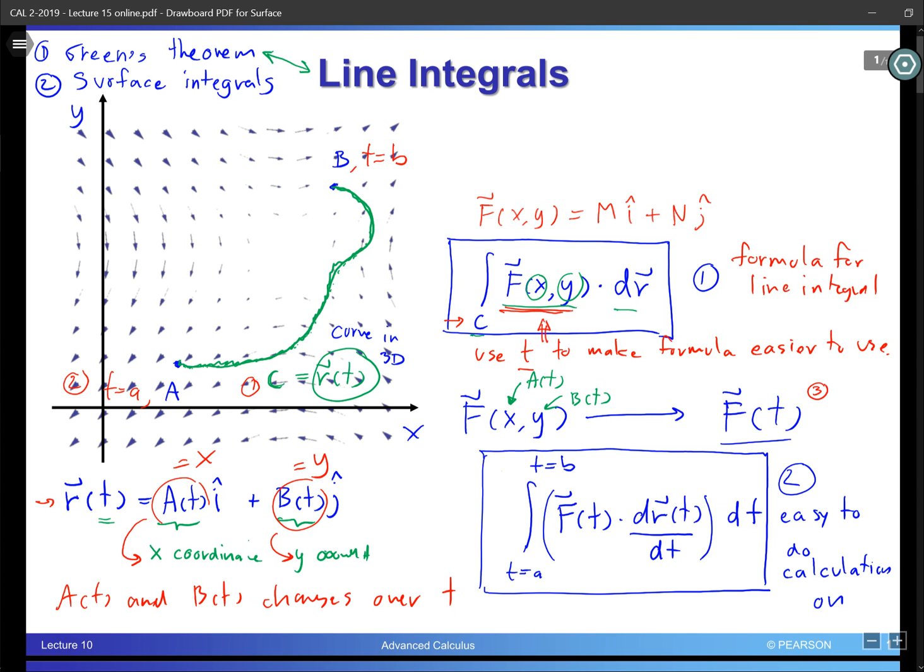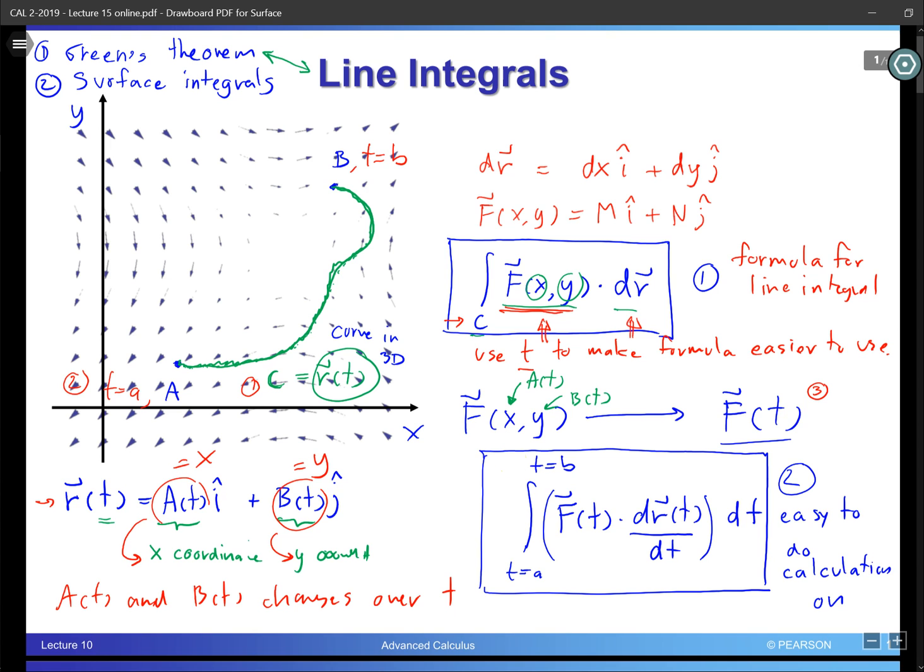But now, differential r. This is the differential displacement in the direction of the integration. So dr here is equal to the differential in the i component in the x direction, dx i, plus the differential in the j component in the y direction, dy j.